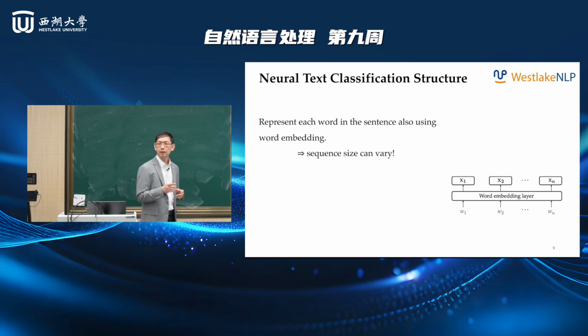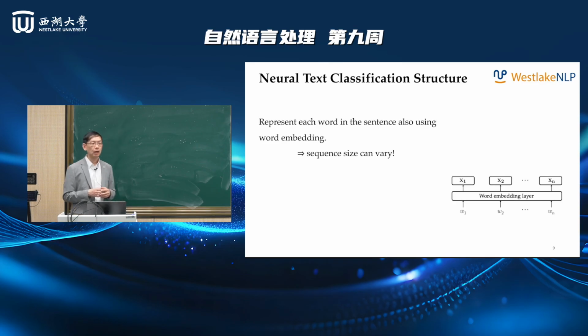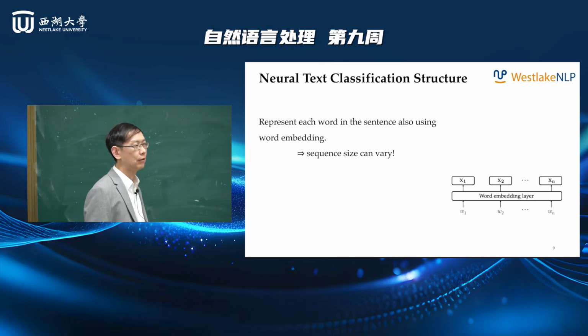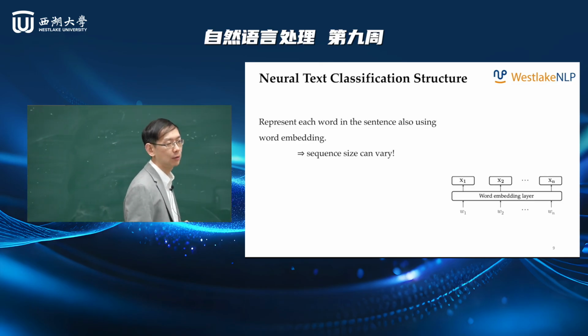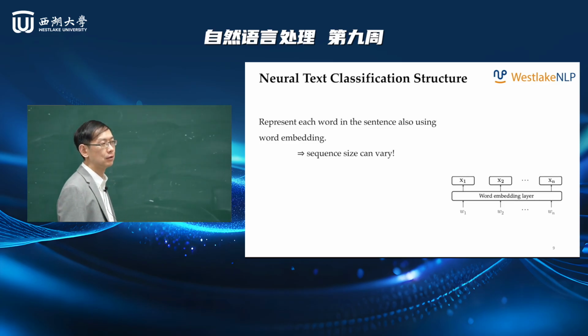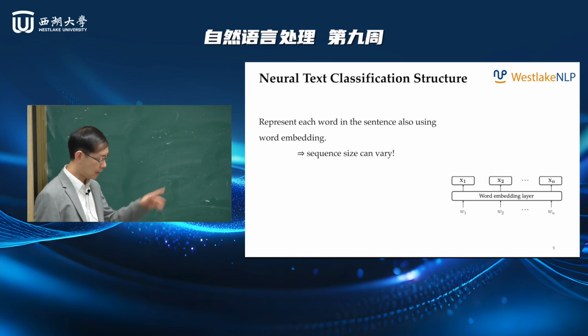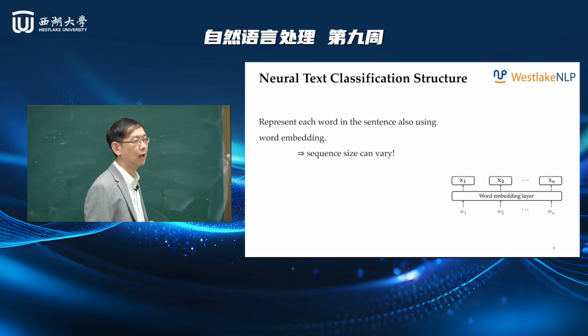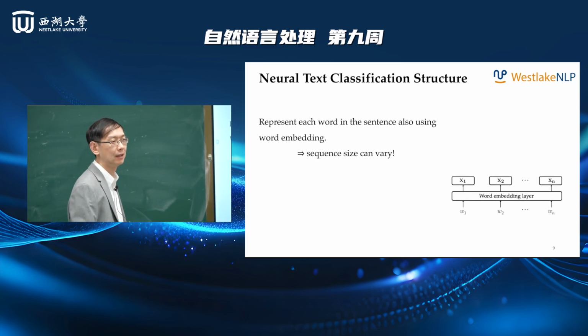But wait, the problem is the size of this input varies. We can have a 3-word sentence, we could have a 100-word document. If we feed that to a multi-layer perceptron, we don't know how many neurons we need for the hidden layer.